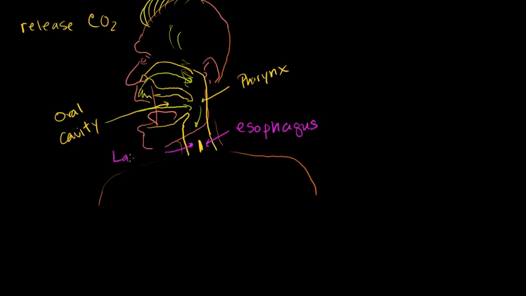This is your larynx. Esophagus is where your food goes down. We know that we eat food with our mouth as well. So this is where we want our food to go, down the esophagus. That's for food. But the focus of this video is our ventilation. What do we do with our air? So I'm going to focus as the air goes through our larynx.